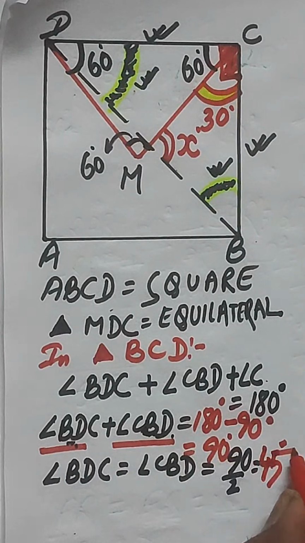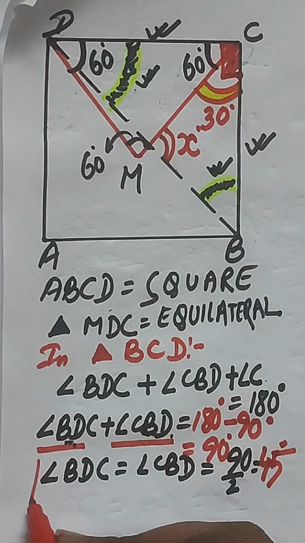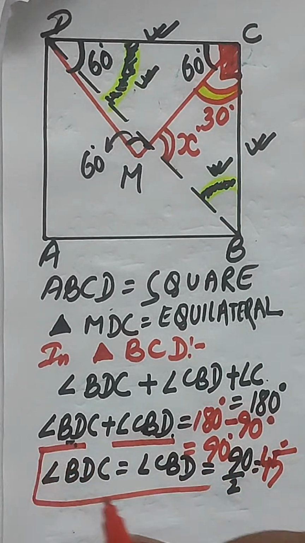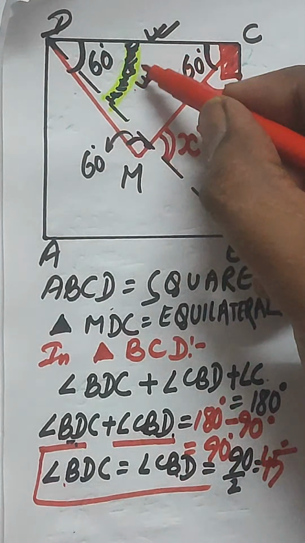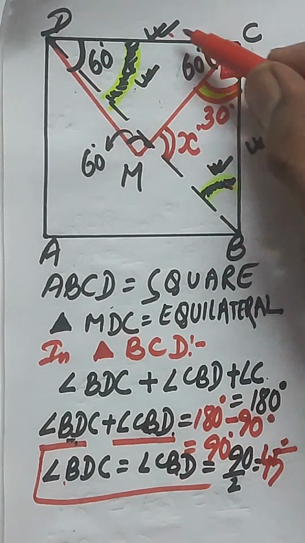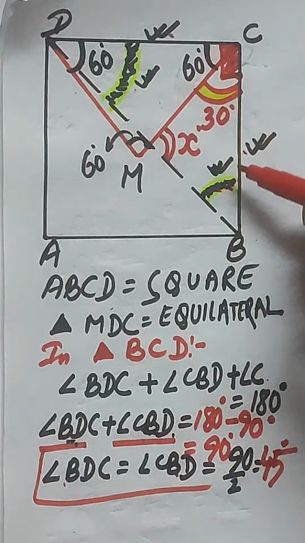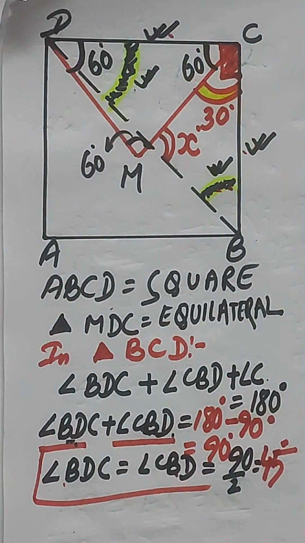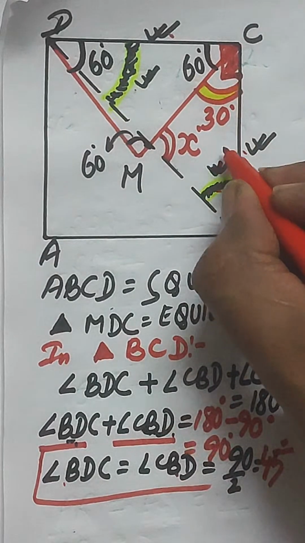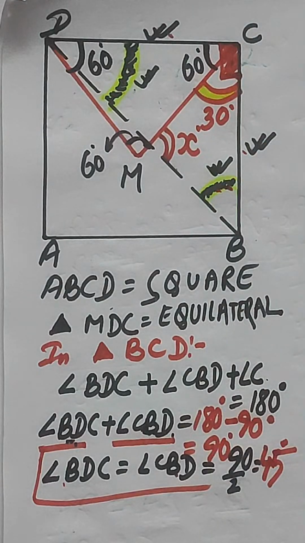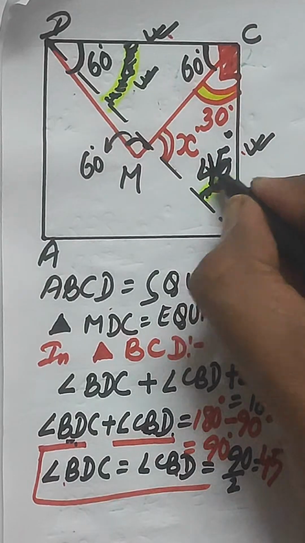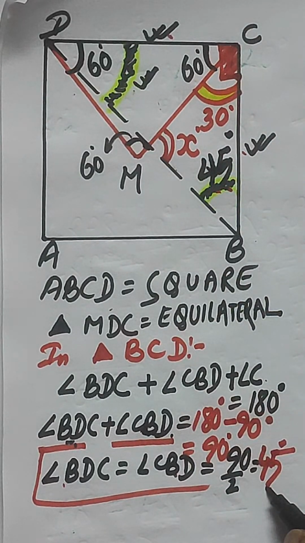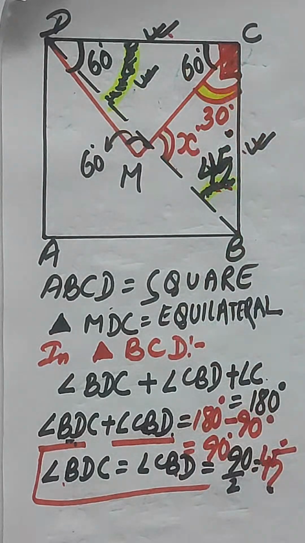Tell me, will it happen or not? Right? Because these angles BDC and CBD will be equal, being the angles opposite to the equal sides BC and CD of this square. So in this way, it's calculated as 45 degree. This 45 degree is the value of this angle CBD.